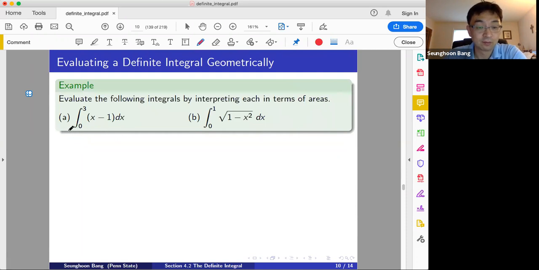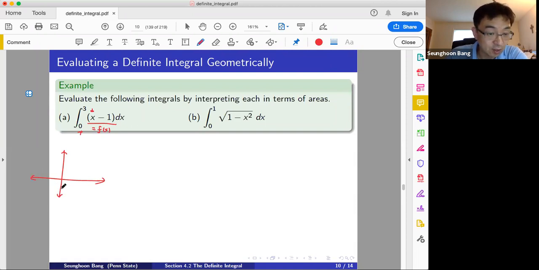The first one. How can you solve the first one? I'm going to use a graph. Is it x minus 1? You can do it, right. This x minus 1 is the f of x. The graph is here. You can plug 0 into here. 0 minus 1 is minus 1.